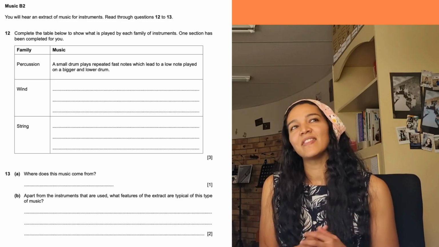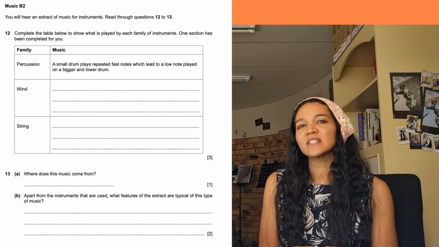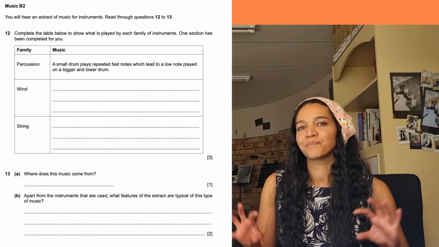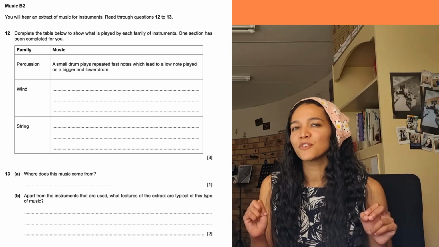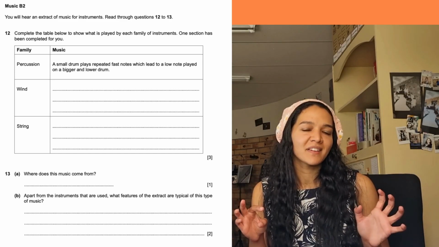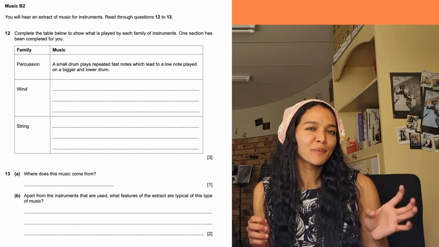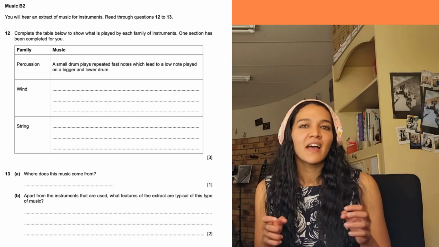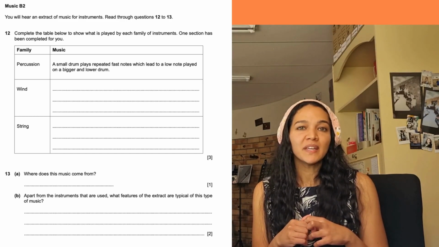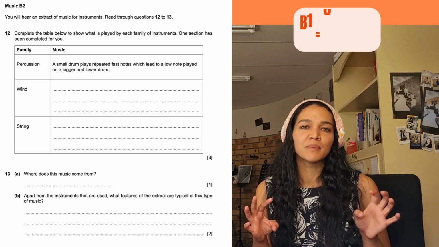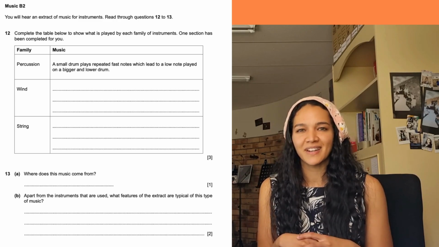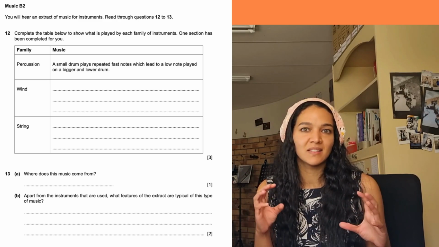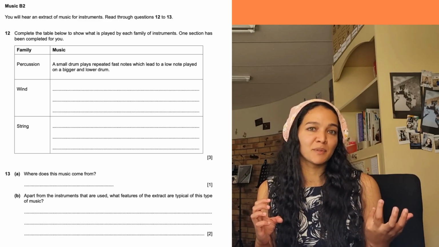And I always say there's somewhat of a balance in the questioning. So for instance, if you have section A, you have two subsections, A1, A2, one of them will be a little bit more straightforward than the other, meaning that one of them will be a little bit more difficult. And same thing with section B, with the general sections, B1 and B2, with our general world music, we will get a subsection that is easier or maybe a little bit more difficult.